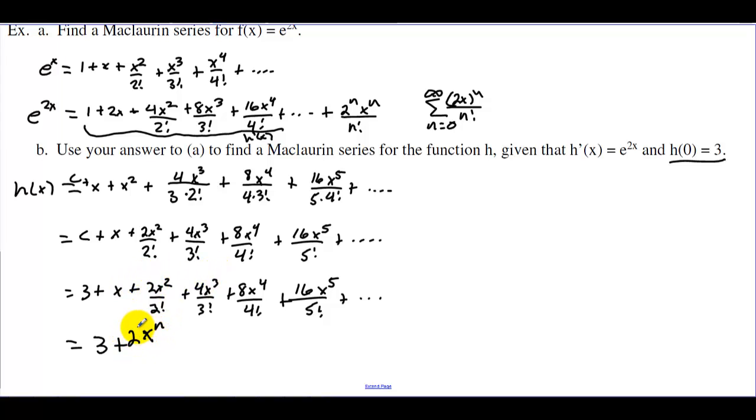We'd have 2 to the n minus 1 over n factorial. Now, if we do this in summation notation, we have 3 plus the sigma notation, n equals 1 to infinity of 2 to the n minus 1, x to the nth over n factorial.